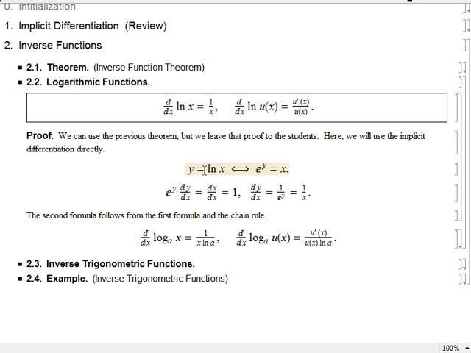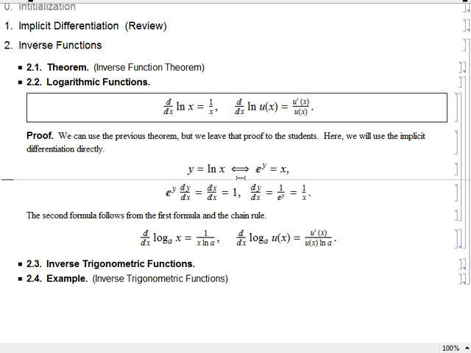That is, e to the y is x. That's the equivalent. And then from here, e to the y power is x, we apply implicit differentiation. So the exponential stays the same, and then the derivative pops out. On the right hand side, the derivative of x is just 1.